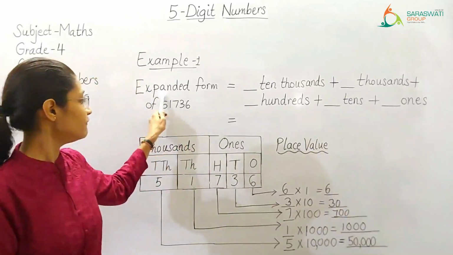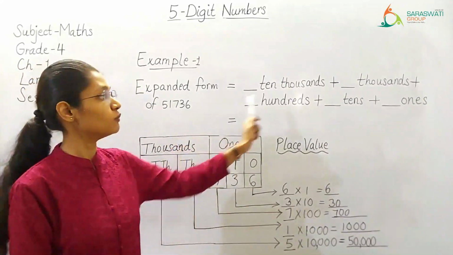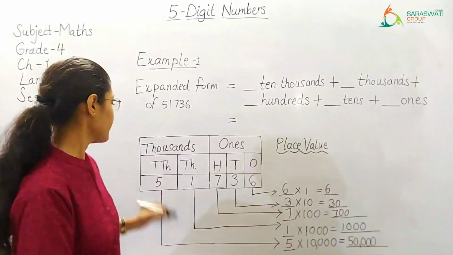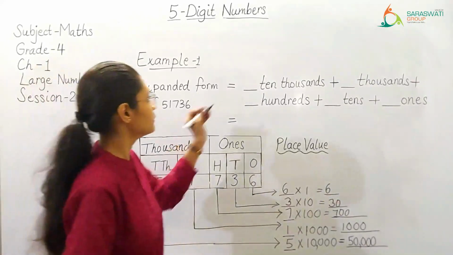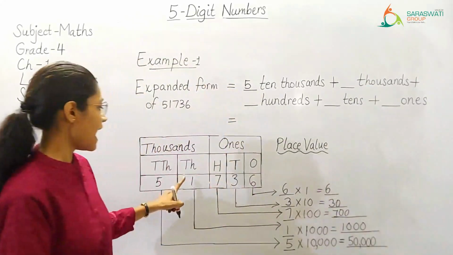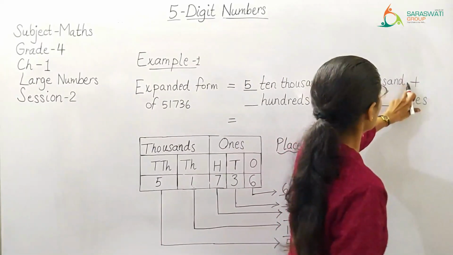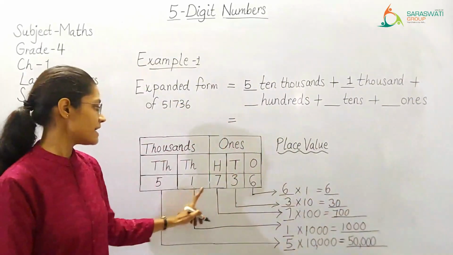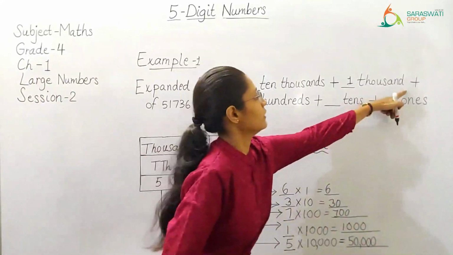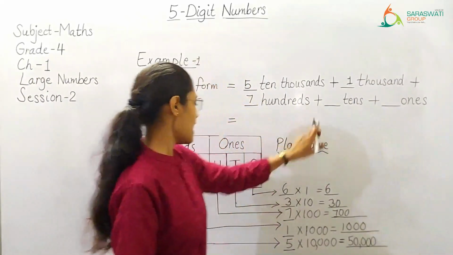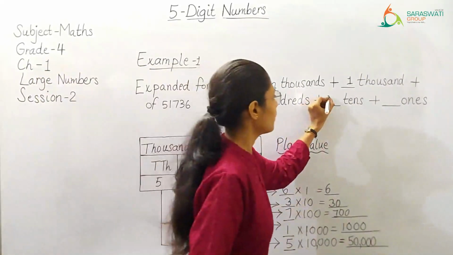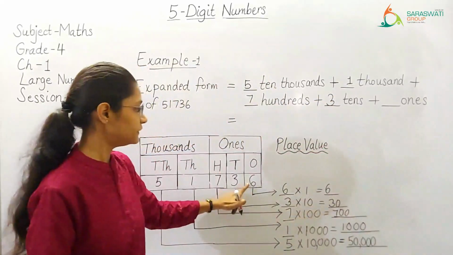Now, the expanded form of this number in words will be equal to 5 10,000s, add 1,000, add 700s, add 3 tens, add 6 ones.